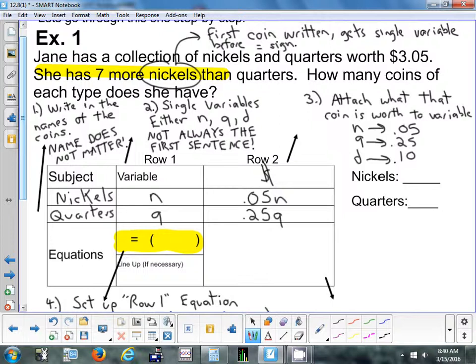So in this case, what's our single variable going to be before the equal sign? N, because nickels is mentioned first.